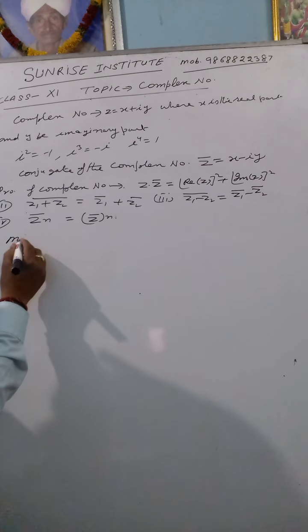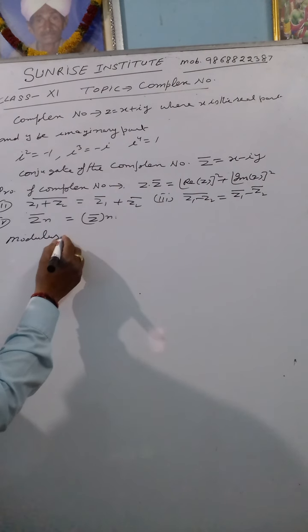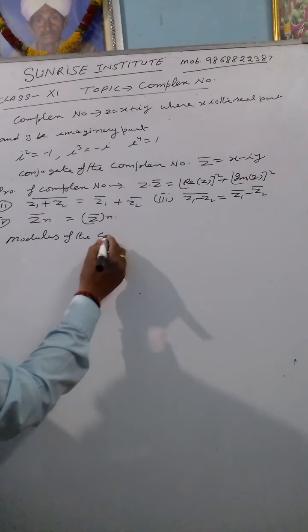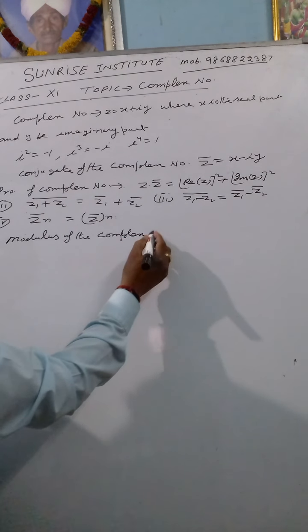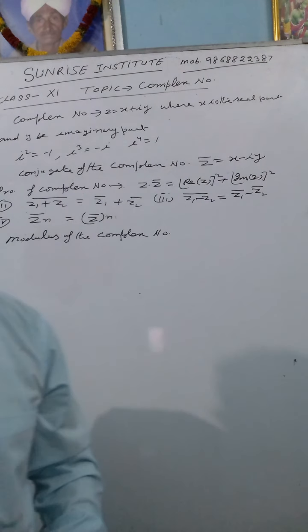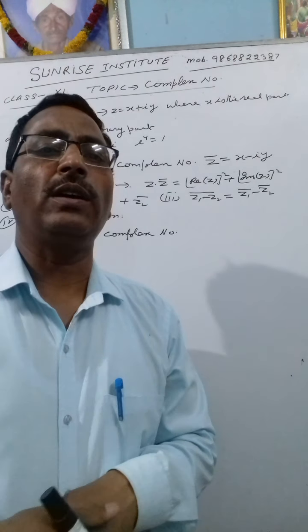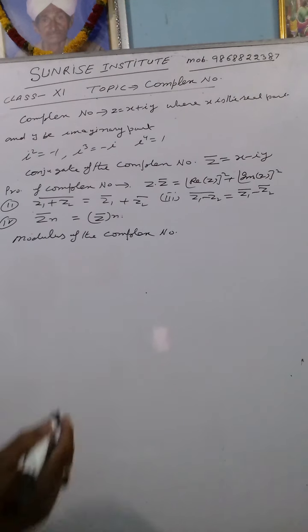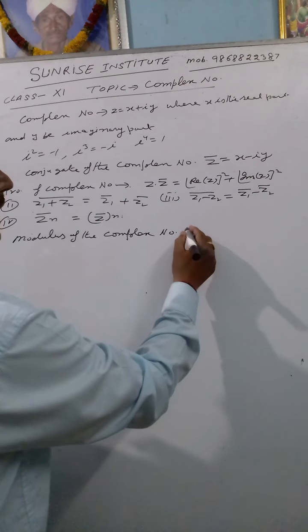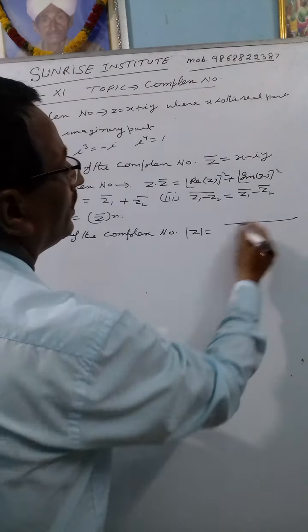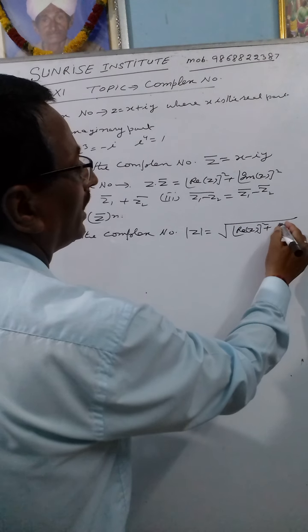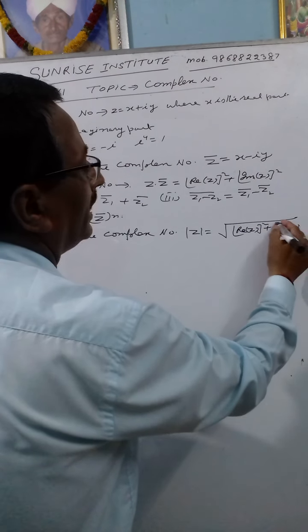Next, modulus of the complex number. Okay students, modulus of the complex number, that is mod z equals square root of real part of z square plus imaginary part of z square.